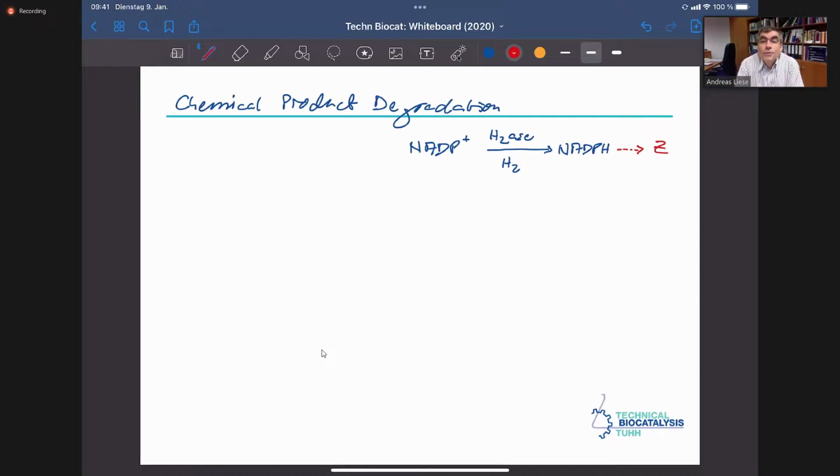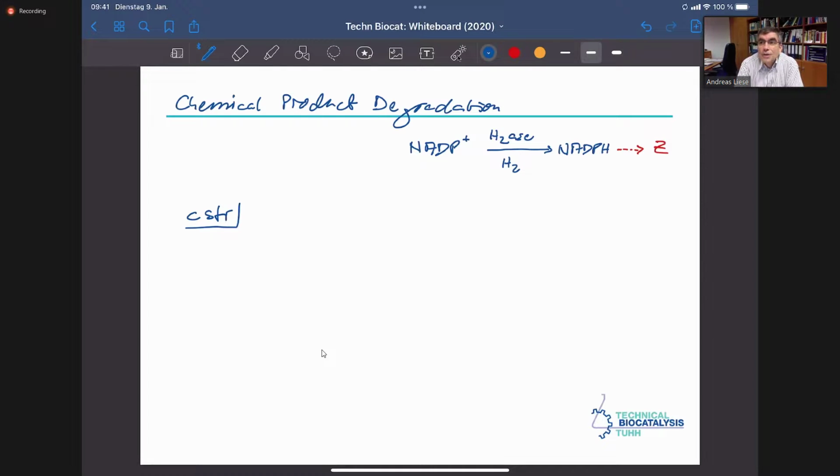And this is not only true for NADPH. You can use this now for any product that you would like to describe. And just to use the most complicated formulation we can think of, so far we did all the simple stuff, let's assume we want to describe this in the CSTR. In the CSTR, we most often observe this in terms of deactivation of a product, because remember, in the CSTR we're operating under outflow conditions.